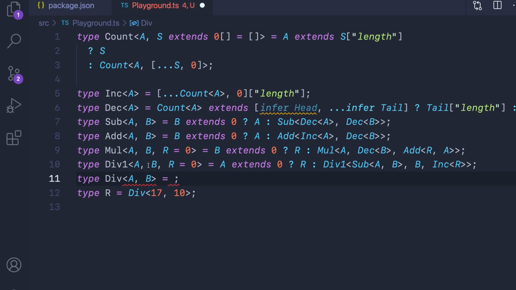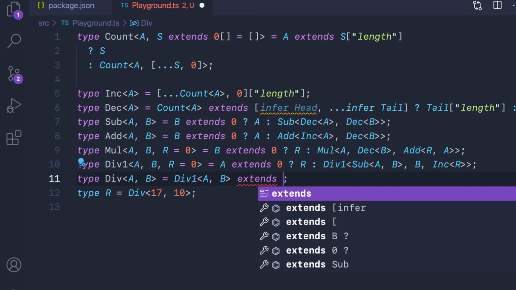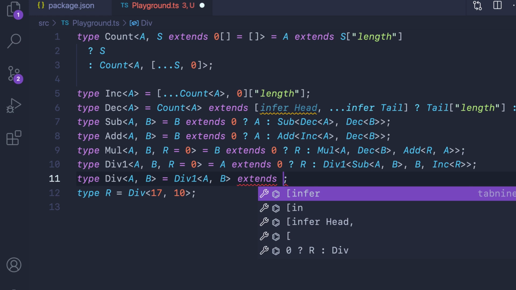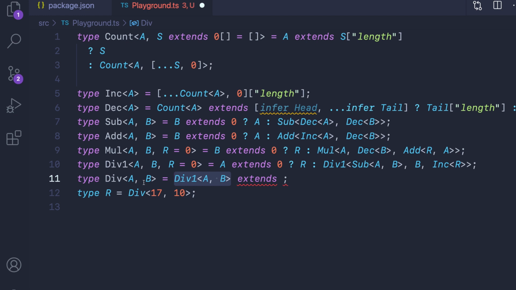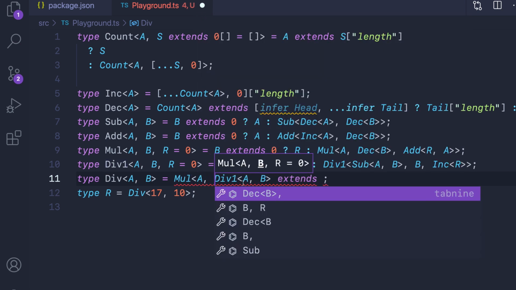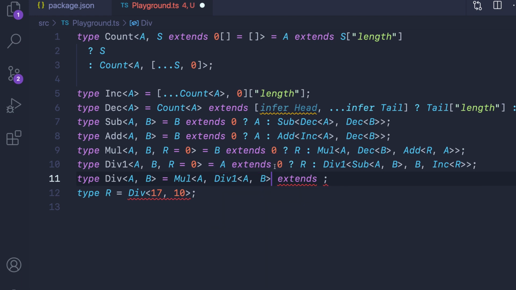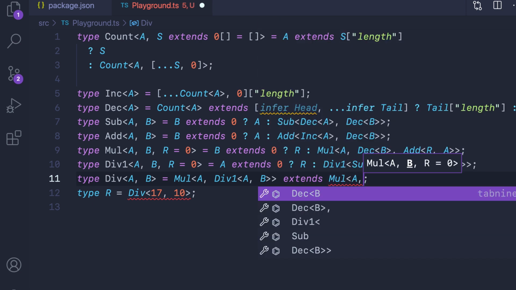If div1 A B extends the... So if we multiply A by the division, and it equals the multiplication of A B, like 10 divided by 5, the remaining is 0.